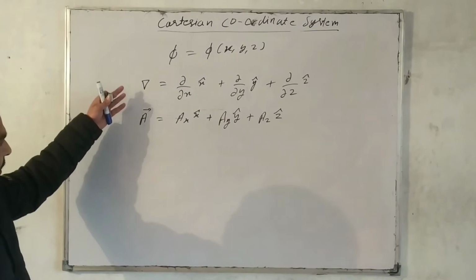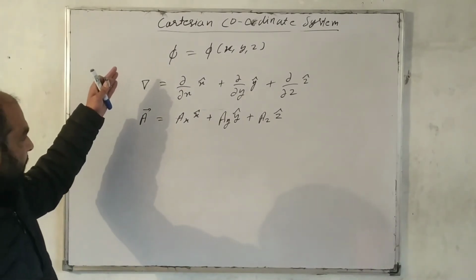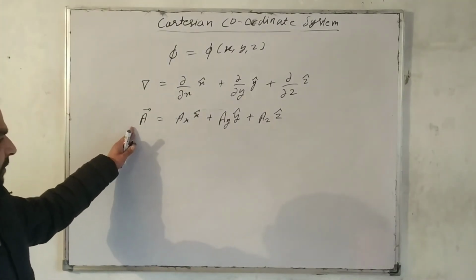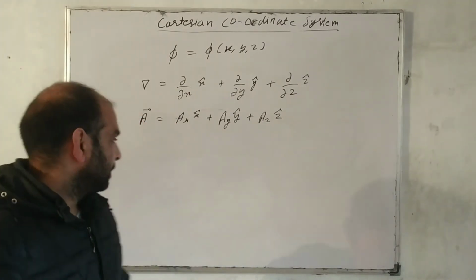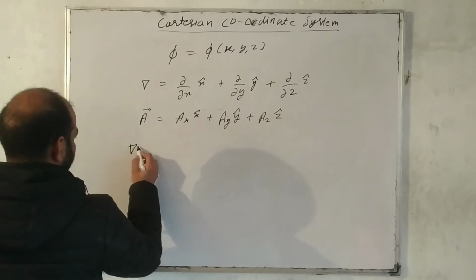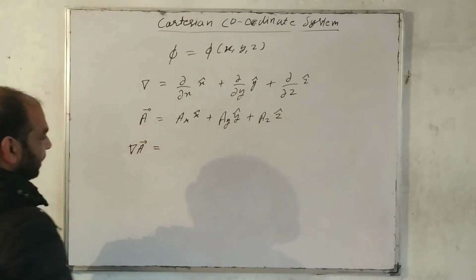If we take the dot product of this del with A, it is called divergence. So we will write it as divergence of A.